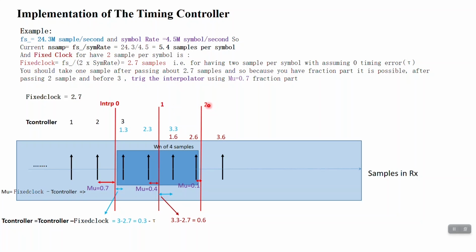So we have a 3 sample here, and it's a time for calculation of timing error. So this is the moment we can trigger the timing error detector to calculate the timing error.